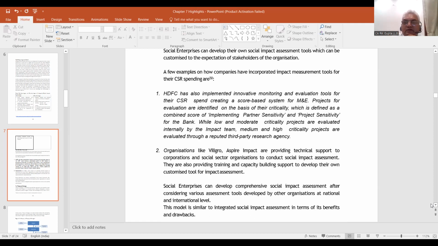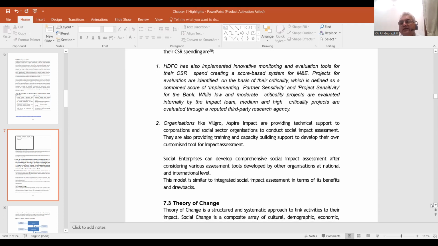Social enterprises can develop comprehensive social impact assessment after considering various assessment tools developed by other organizations at national and international level. This model is similar to integrated social impact assessment in terms of its benefits and drawbacks. So you are doing it internally, but you are taking advantage of some of the tools. And these organizations, they are providing the technical support.